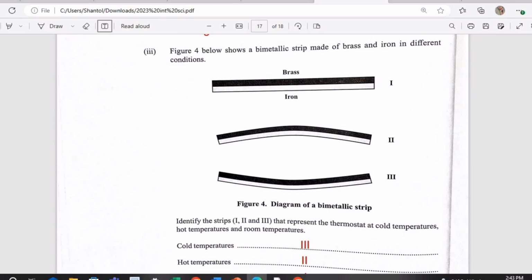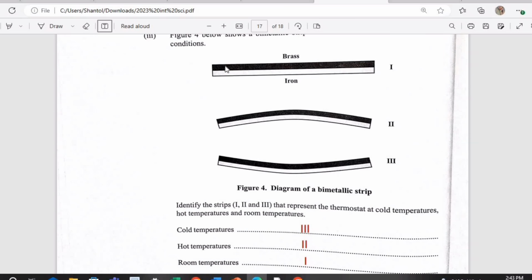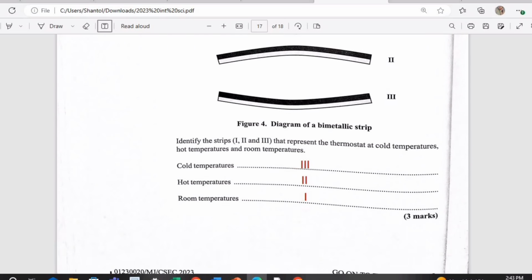If you said cold temperature was 3, hot temperature diagram 2, and room temperature was diagram 1, you're correct. When bimetallic strips are heated, they bend downwards. When it is cooled, it will bend upwards, and when it is at room temp, it will lay flat.